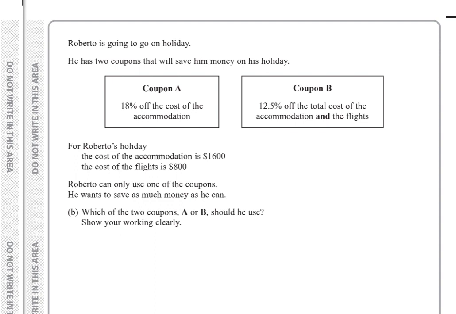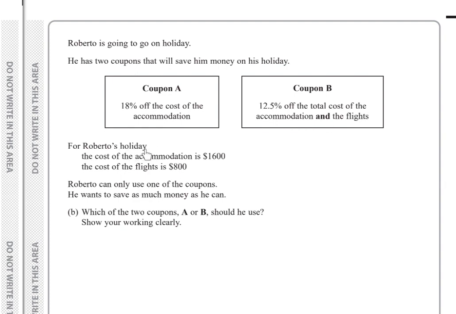Next, Roberto is going to go on holiday. He has 2 coupons that will save him money on his holiday. Coupon A, 18% off the cost of the accommodation. Coupon B, 12.5% off the total cost of accommodation and the flight.